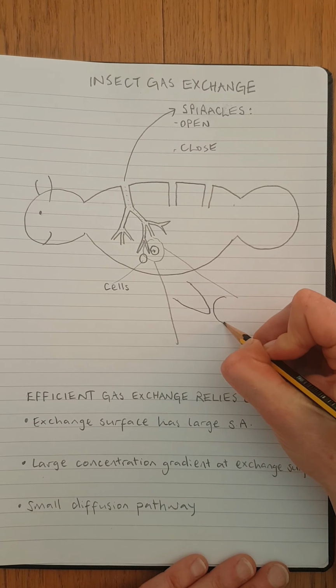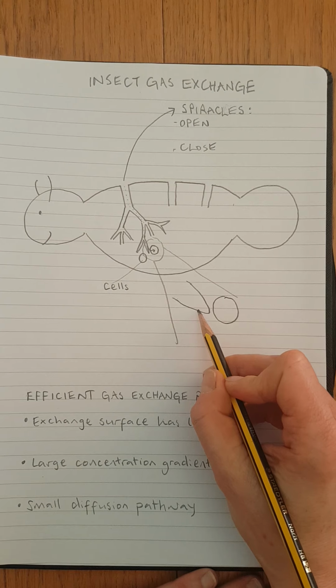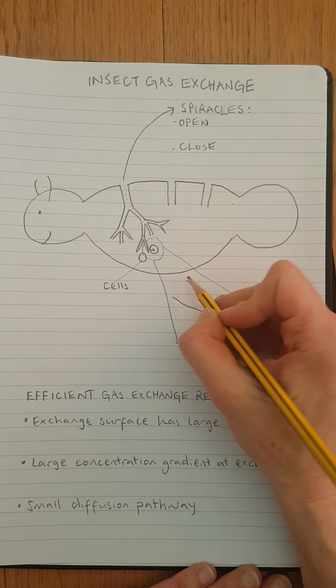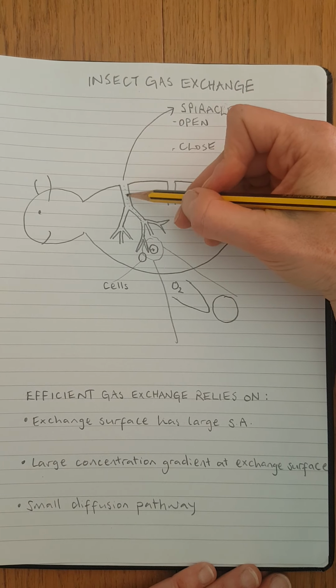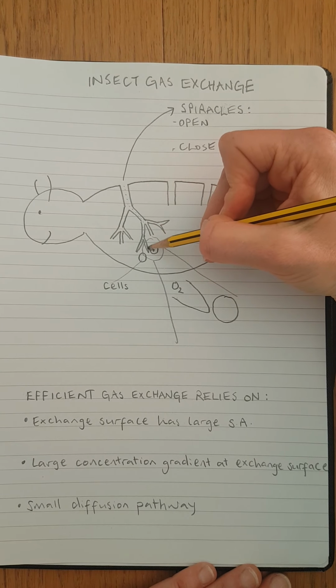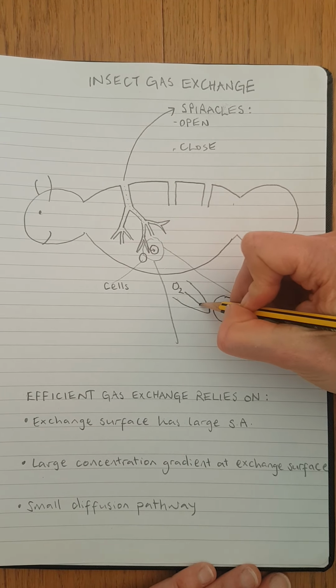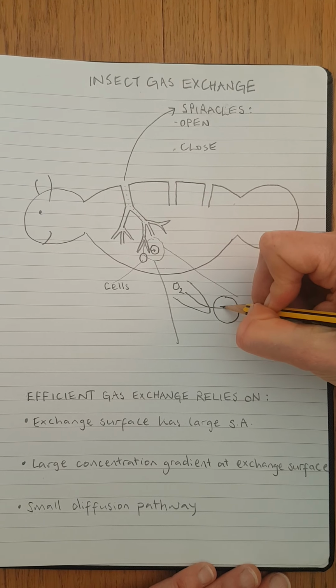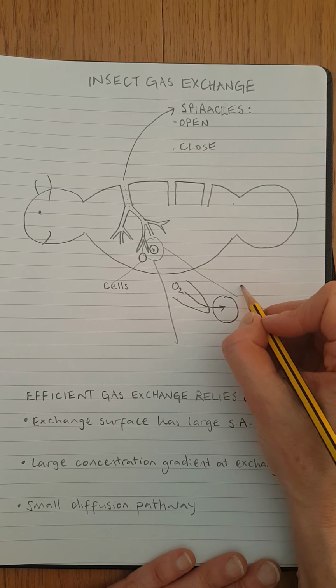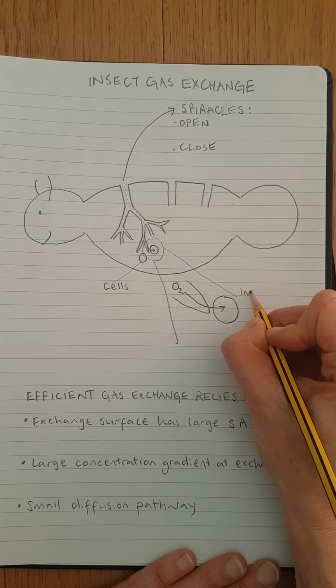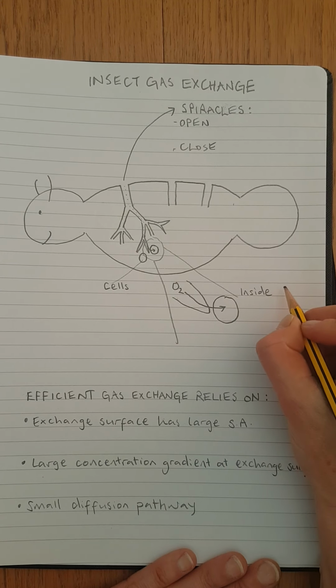So here's a cell. Here's the end of that tracheole, and what happens is the oxygen will diffuse from the atmosphere all the way down this tracheole. So there it goes, and then it will be able to diffuse into the cell. And then once inside the cell, the oxygen gets used for respiration. Let's write that down.